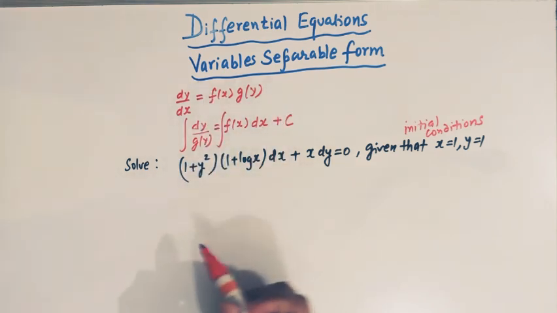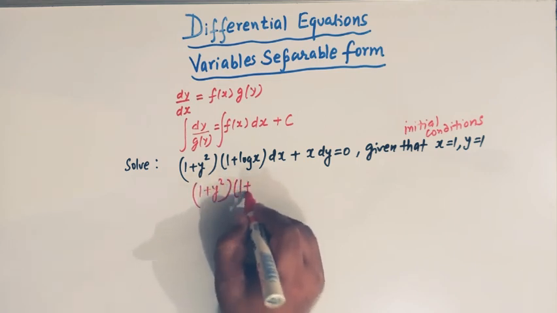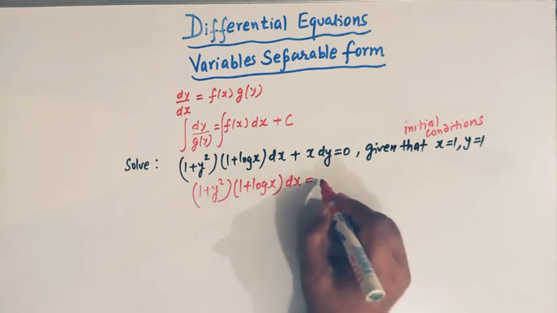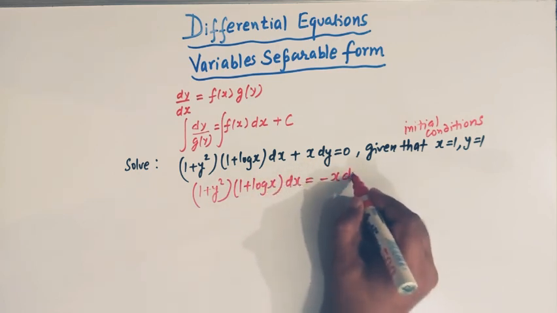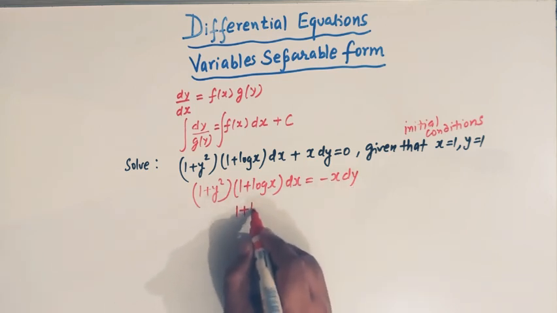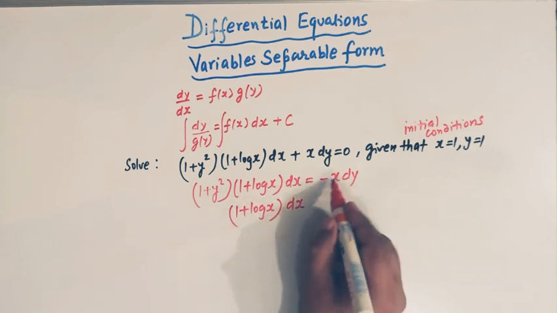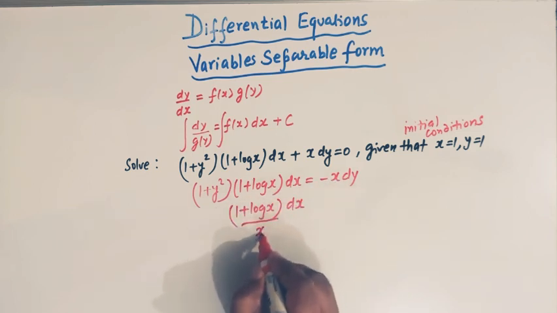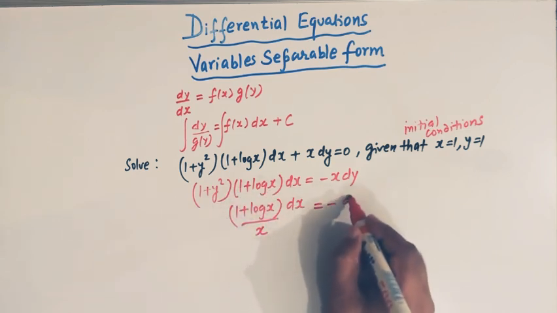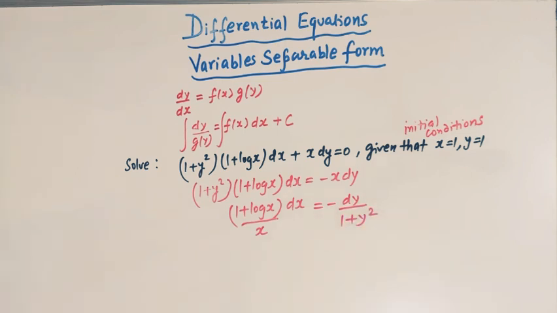Now separating the variables, we can write it as 1 plus y square, this is 1 plus log x dx equal to minus x dy, right? Now this can be written as 1 plus log x over x dx, taking x to the denominator, and here we have minus dy divided by 1 plus y square, right?